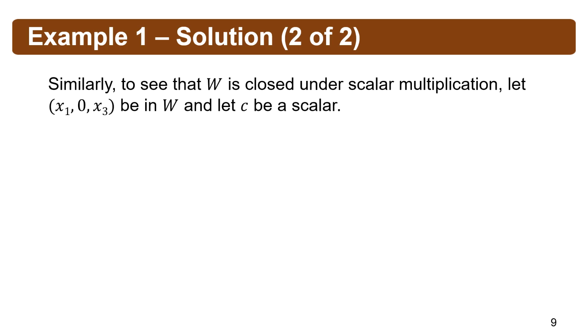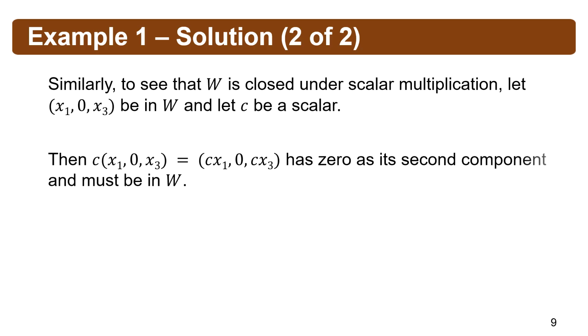Now, similarly, to see that W is closed under scalar multiplication, we multiply by a scalar. When we multiply, the middle is still 0, so it is still on the XZ plane. The second component is always 0.